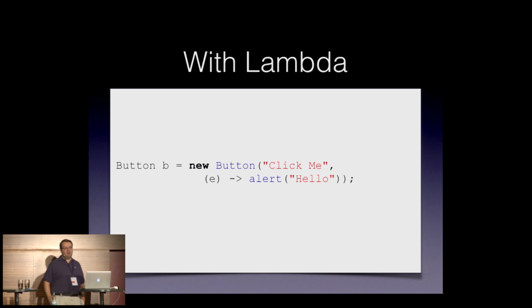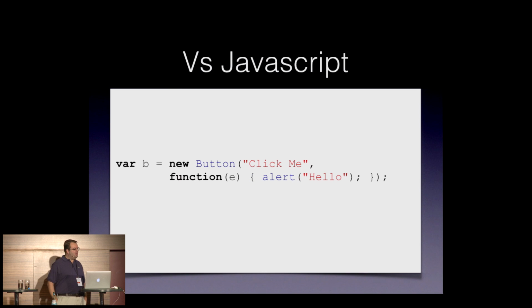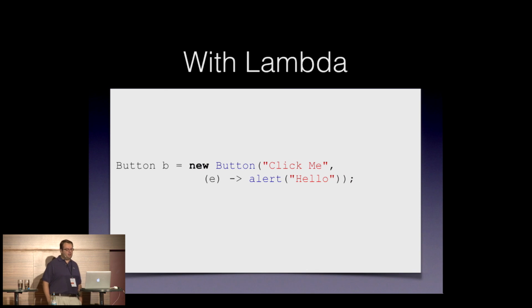Well, this is what it looks like with Java 8 and also in the Quick 3.0 prototype. Essentially you just pass in the alert with a little argument prefix, and that's it. Now for comparison, this is what it looks like in JavaScript currently. It's actually bigger. So Java 8 syntax is actually more terse, and I'd argue more readable than JavaScript.